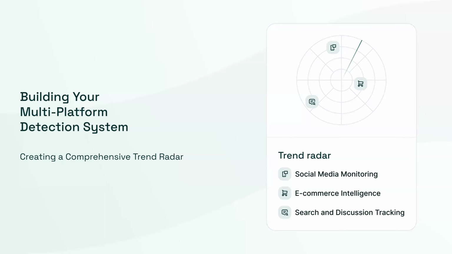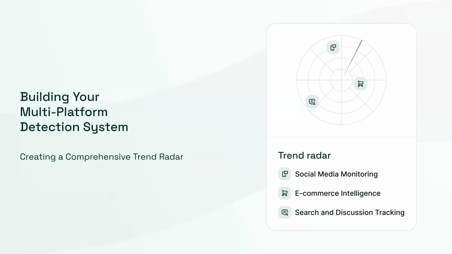X, formerly Twitter, is useful for tracking mention volume and sentiment analysis, and for some kinds of products and industries, Quora can be a good option. A rising number of people asking about a topic is often a sign that interest is picking up.